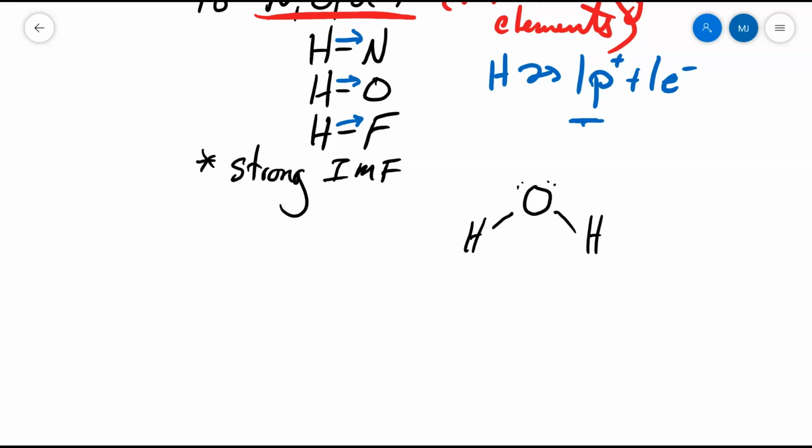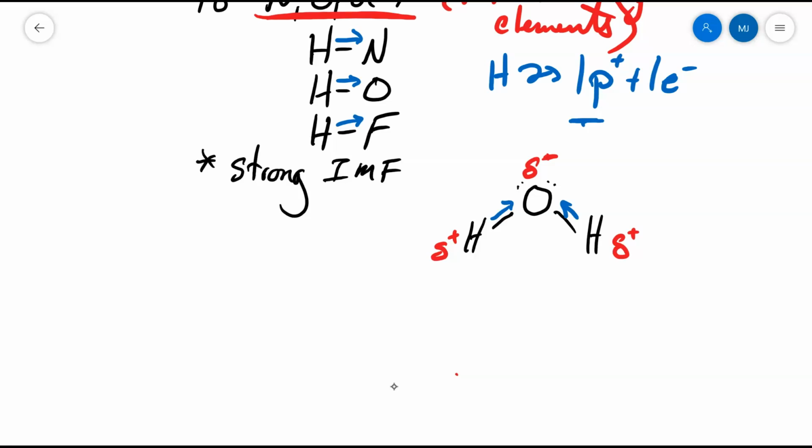We know that we have two sets of lone pairs on oxygen. And then we know because of electronegativity, these shared electrons are being pulled closer to oxygen. So now we create our small negative region on oxygen, and then our small positive regions on hydrogen.